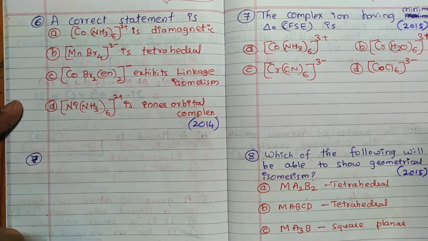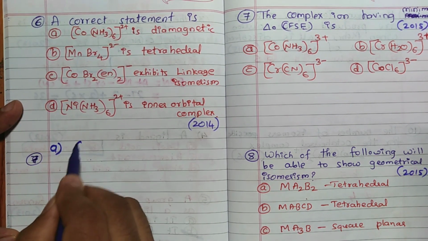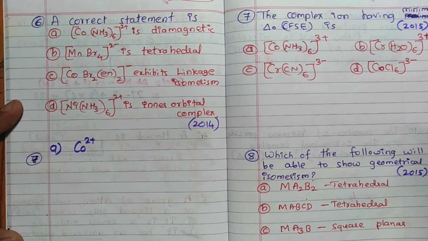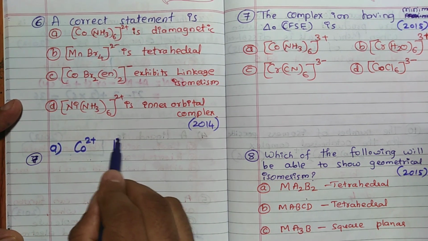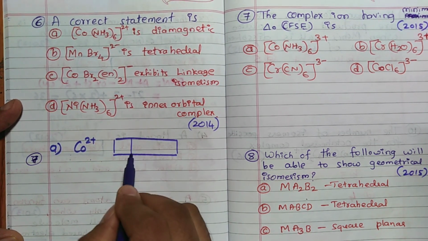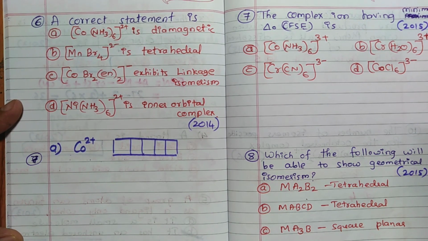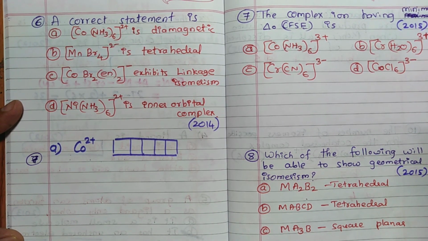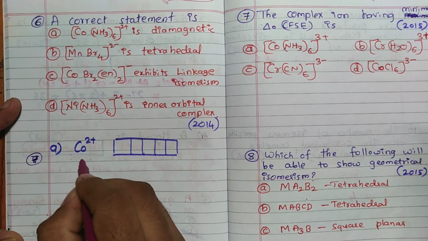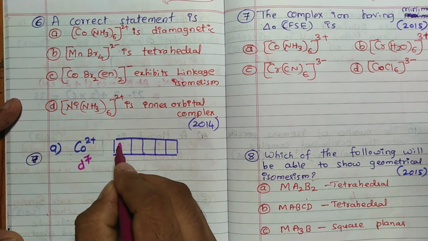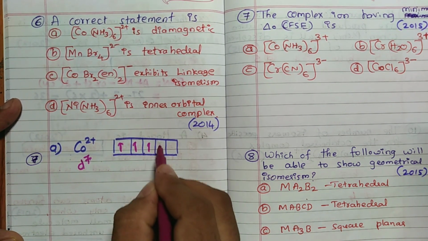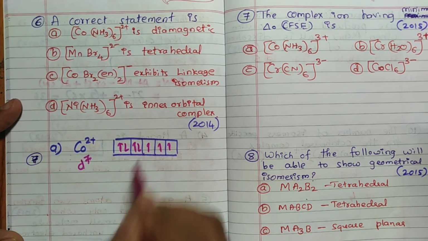Let us see whether it is possible or not. I will write the orbitals like this. 2 plus means, remember, d7 system. So 1, 2, 3, 4, 5, 6, 7.